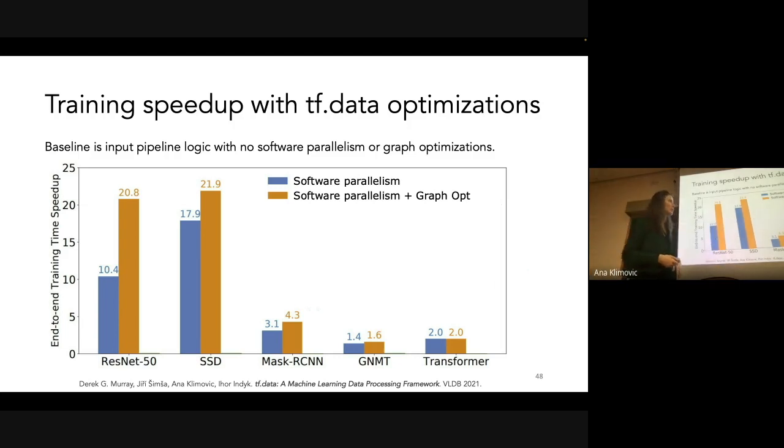We've got more minor speedups. But for these image models, it was really critical to leverage software parallelism and these optimizations to satisfy the GPU with examples at the rate it could compute at. So this is just to show that optimizations in the input pipeline really do help translate into end-to-end speedups.